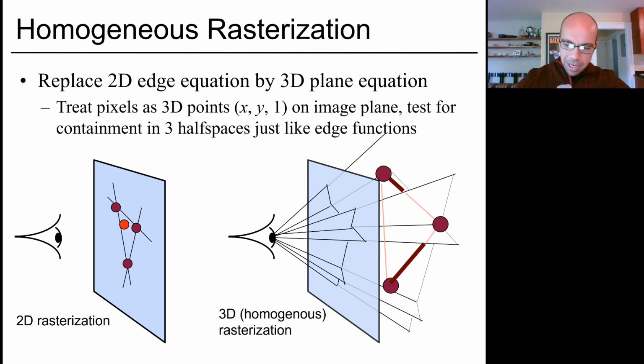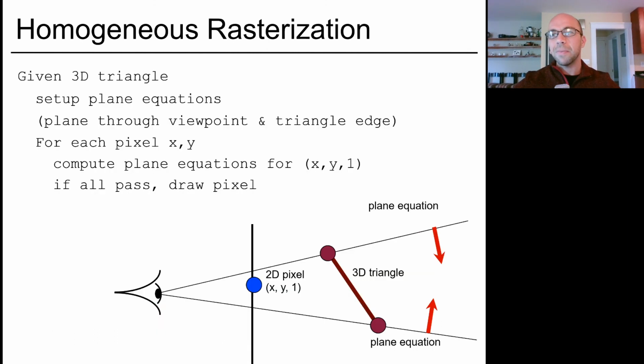So then what do we do in homogeneous rasterization? Well, we actually think of pixels as generating fragments in 3D that just happen to have z-coordinate equal to 1. And now we just check if this 3D point is inside of the cone formed by those three planes. And so this turns out to avoid many of the different clipping things that are necessary in the previous 2D algorithm that we talked about.